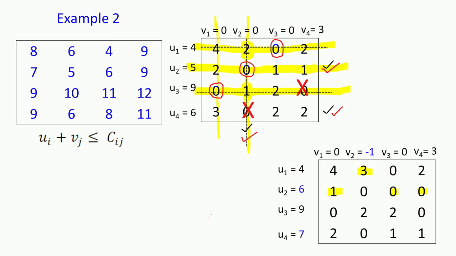So, now we have a new set of u's and v's which correspond to the new table. Now, when we have this new set of u's and v's, the way we have defined it, we now observe that the new set of u's and v's are such that ui plus vj is less than or equal to Cij.